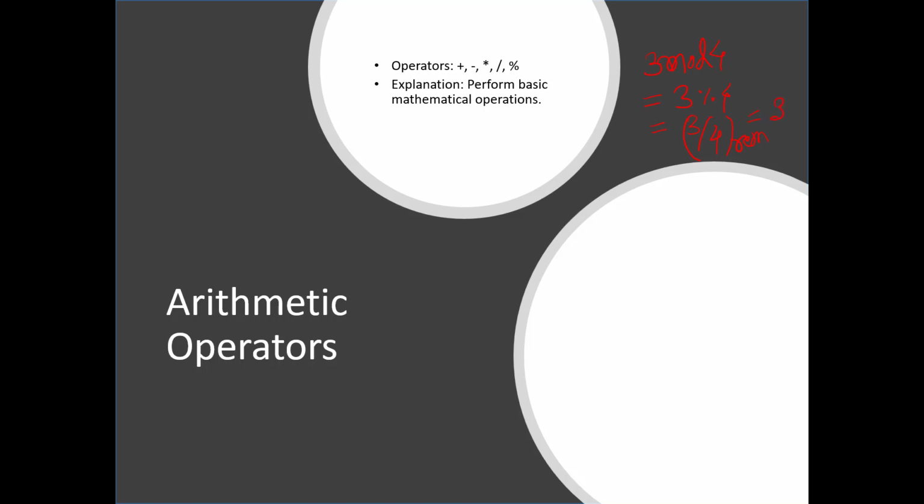Similarly, if I write down 3 mod 3, what will be the remainder? 0. Okay. If I write down 3 mod 2, what will be the remainder? 1. Right. So this is how the modulus operator or modulo operator can be used. These operators are used to perform basic mathematical operations.